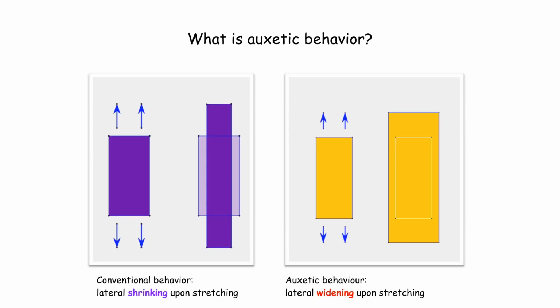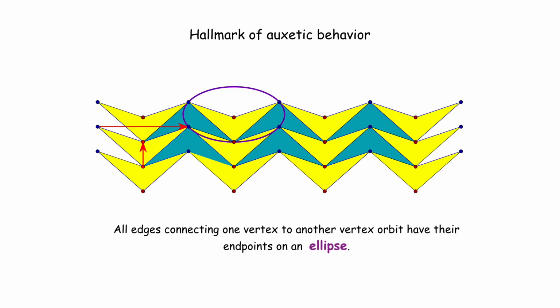And I will show the answer for the structure at hand. So the answer is that the existence of that ellipse is responsible for the auxetic behavior.